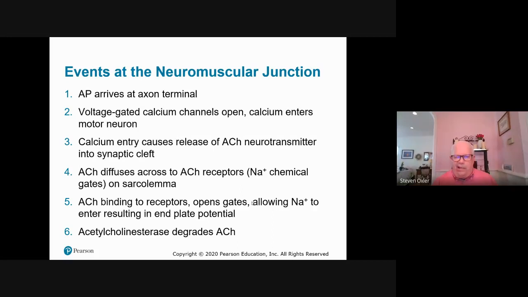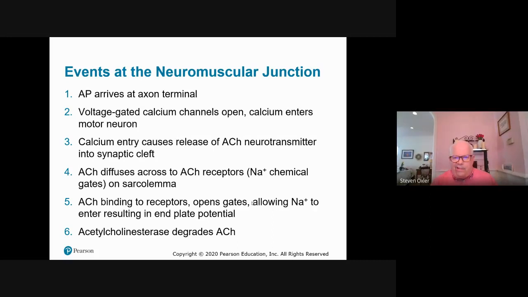Acetylcholine binds to the receptors on the sarcolemma, opening the gates, allowing sodium to enter, resulting in electricity.